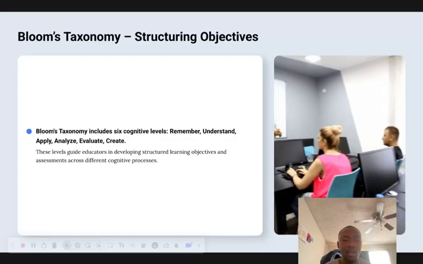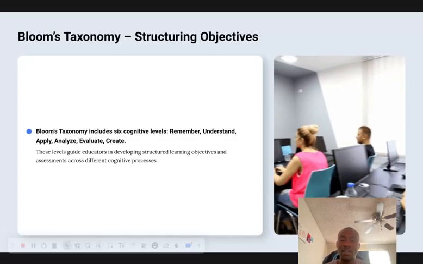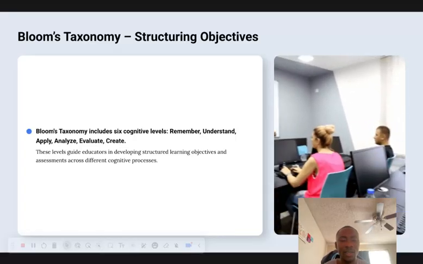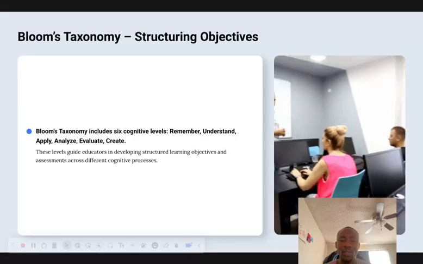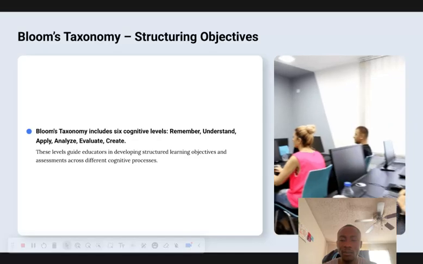That is, remember, understand, apply, analyze, evaluate, and lastly, create. These levels guide educators in developing structured learning objectives and assessment across different cognitive processes.